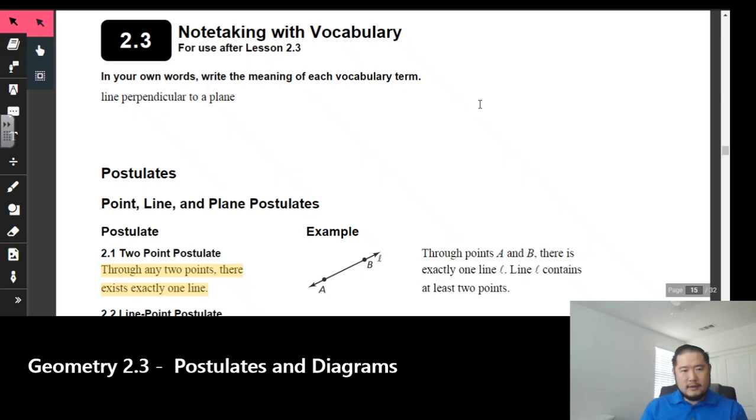a plane, and you can name it plane P or letter of your choice, maybe the letter of your first name, right?